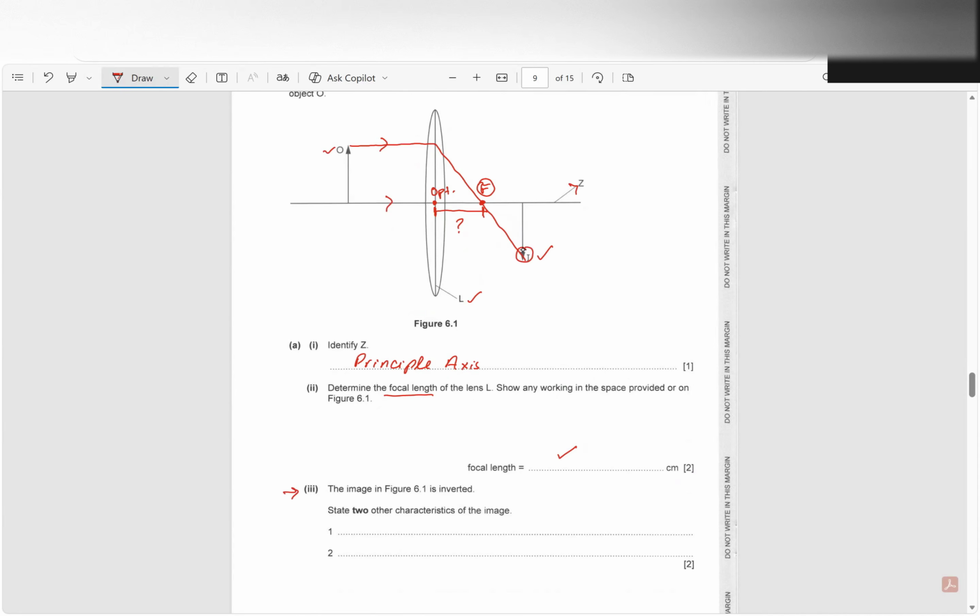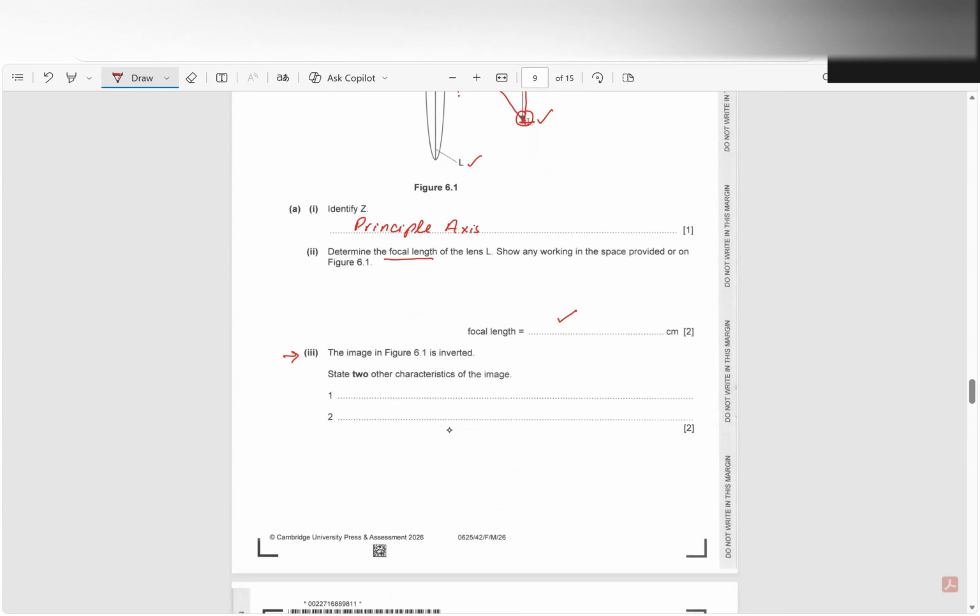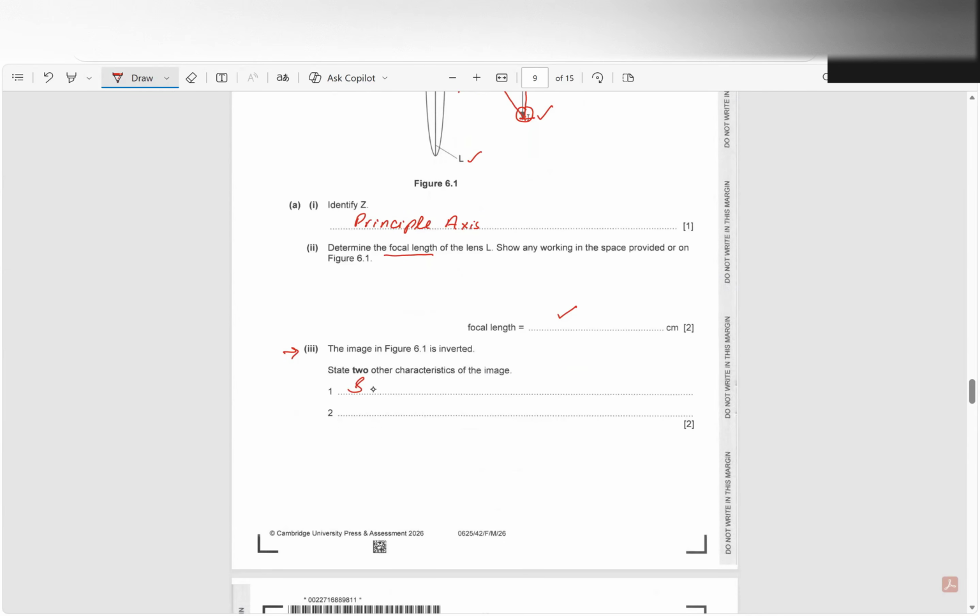Since it is up to scale, pick up the ruler, measure this height and this height. You're going to see that they have the same value. So the first characteristic that we can come up with is that the image is of the same size as the object.